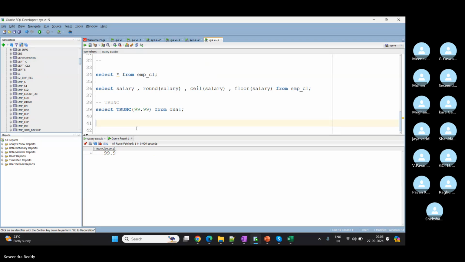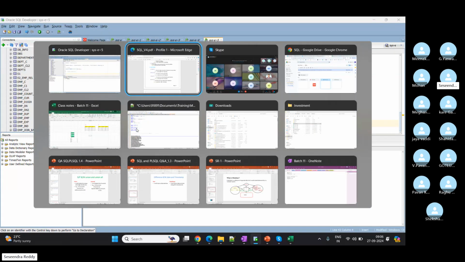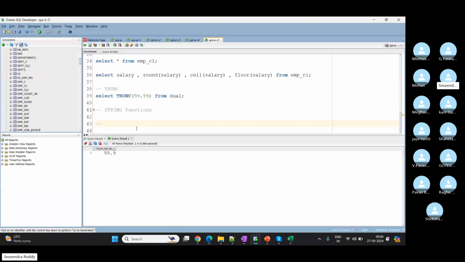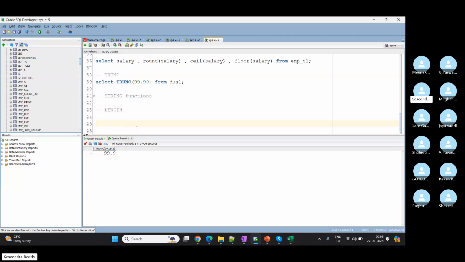Okay, so next we'll discuss string functions. String is nothing but characters, so on character columns we use string functions. The first one is length. Length is used to identify the number of characters in a given string. Let's see how that works.